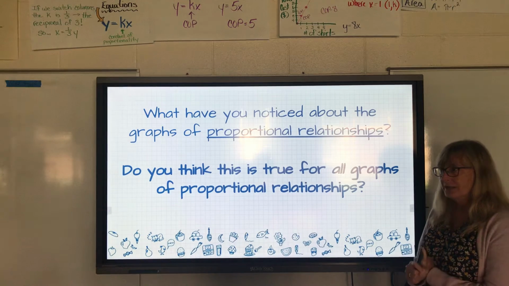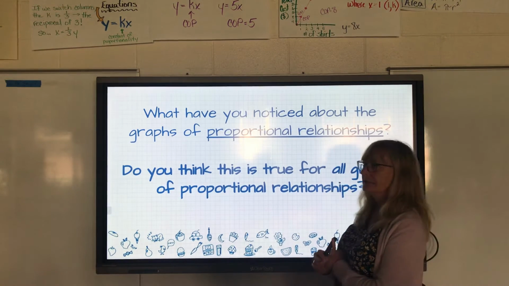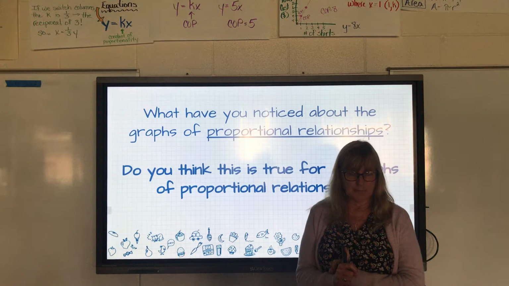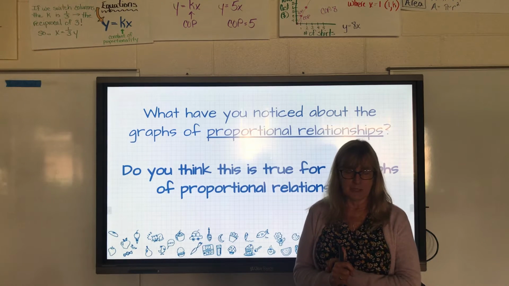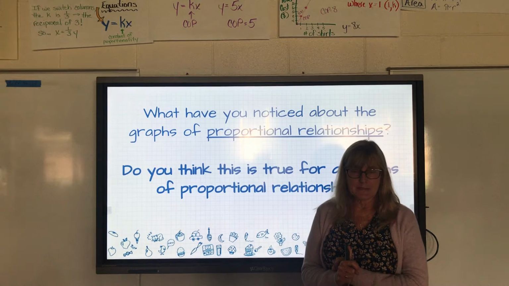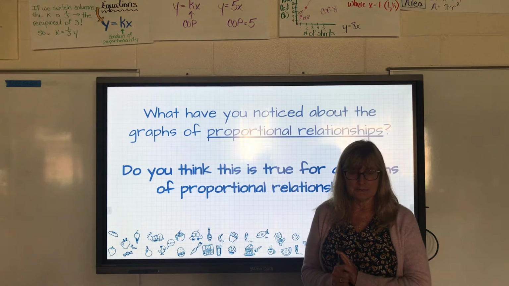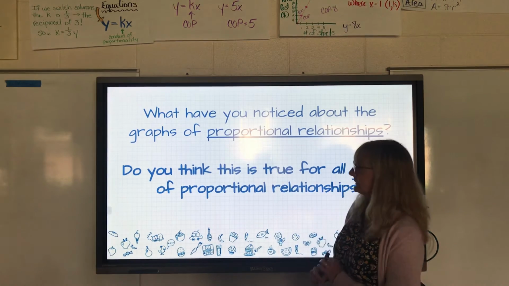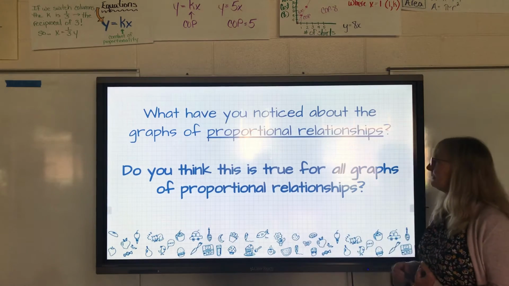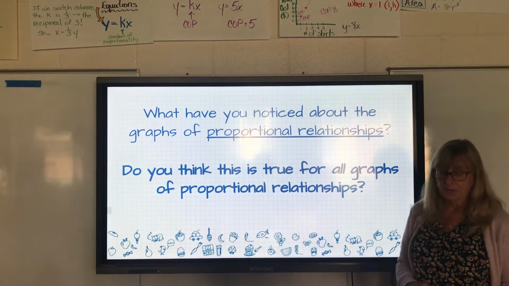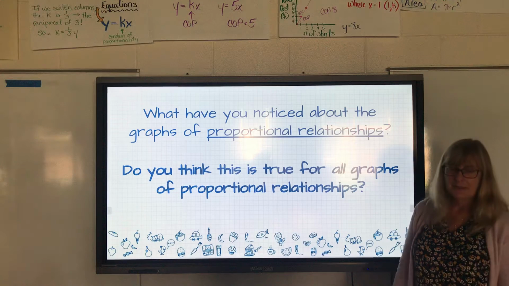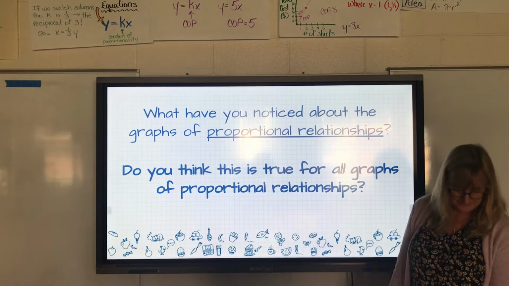It was in a straight line. All the points were in a straight line, as was the blueberry one in the summary. Did it go through the point of origin? Yes. Okay. Do you think this is true for all graphs of a proportional relationship? And that would be yes.